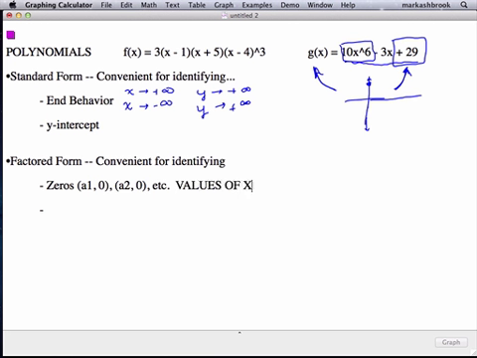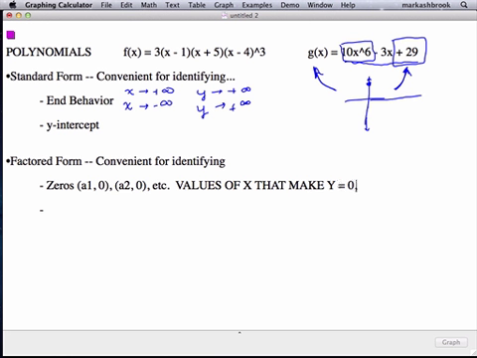Values of x that make y, or the output of the function, equal to 0. All right, so the zeros are the ordered pairs.